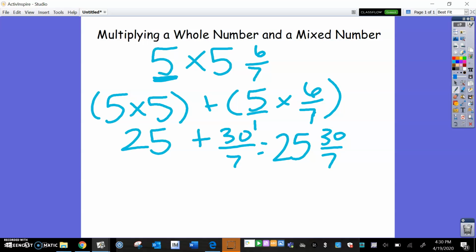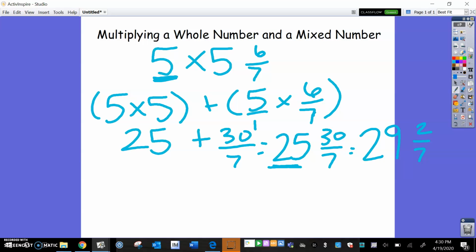So I have 7, 14, 21, 28. That's high enough. I know that if I go any farther, I'm going to go over. So that's 4 that I skip counted by. So I have to add 4 to my whole number, which is going to make it 29. And now I have to think 30 minus 28, which is 2 over 7.